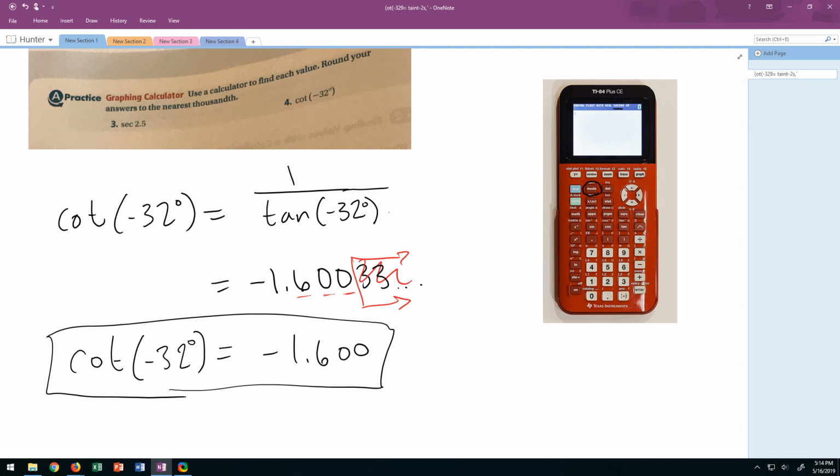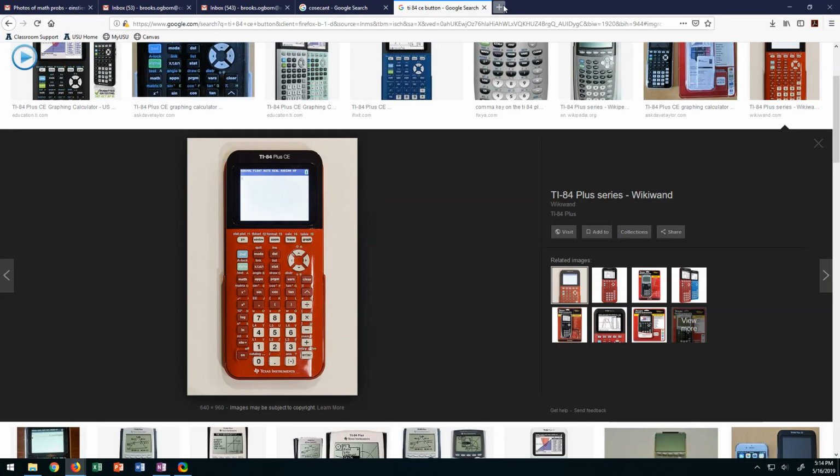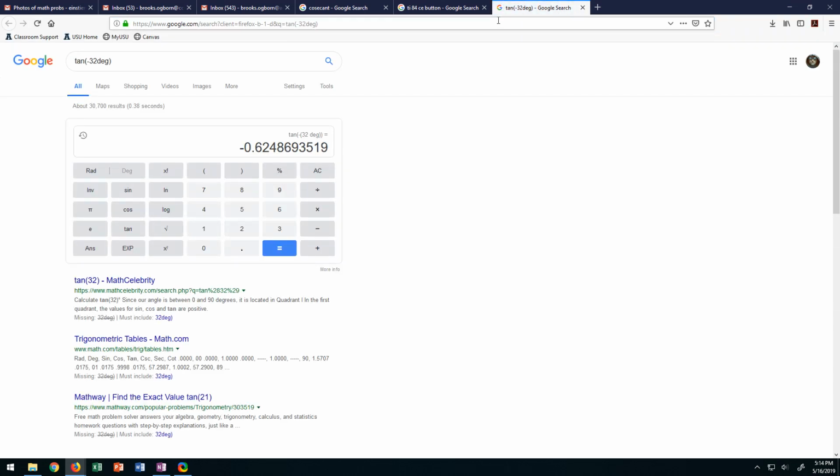Now, I'm going to double check to see if I got that number right. So I'm going to go back and throw this into Google, and go tangent of negative 32 degrees. See if it gives me that.